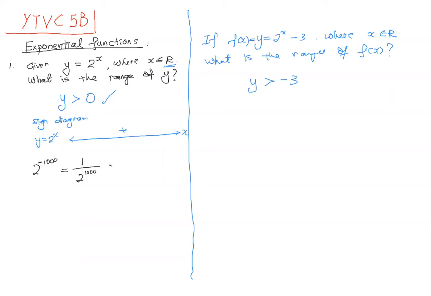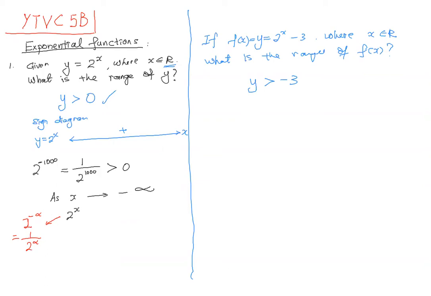So this value will always be greater than 0. In this case, as x approaches negative infinity, we learned this, am I right? So what happened to 2 to the power of x? It will become 1 over 2 to the power of x. 2 to the power negative infinity will become 1 over 2 to the power of infinity, correct?